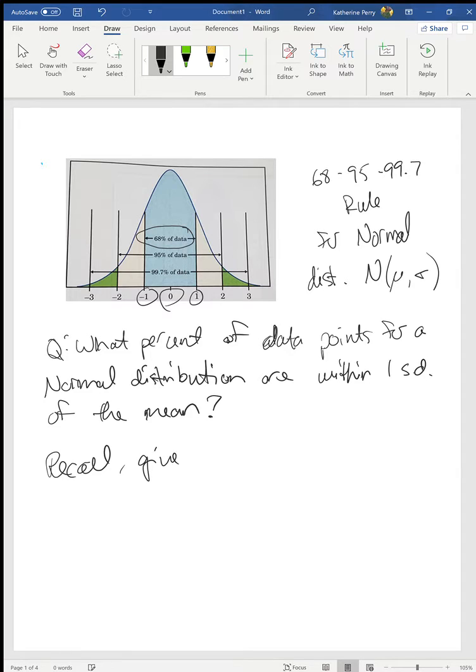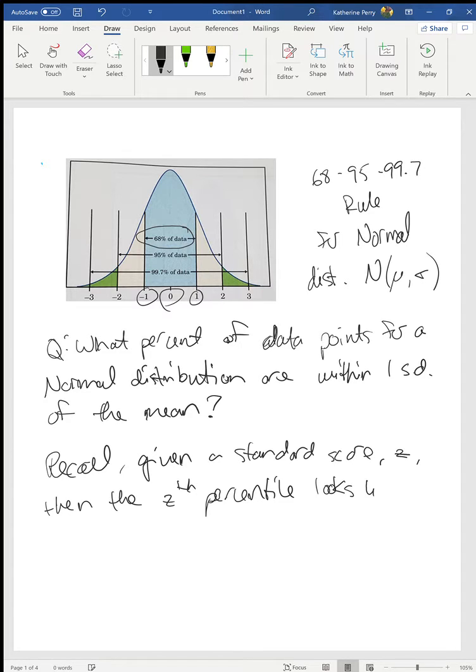given a standard score or a z-score, let's say z, then the zth percentile looks like this. So if this is my normal distribution, here's my mean, and let's say this is z, somewhere out here.